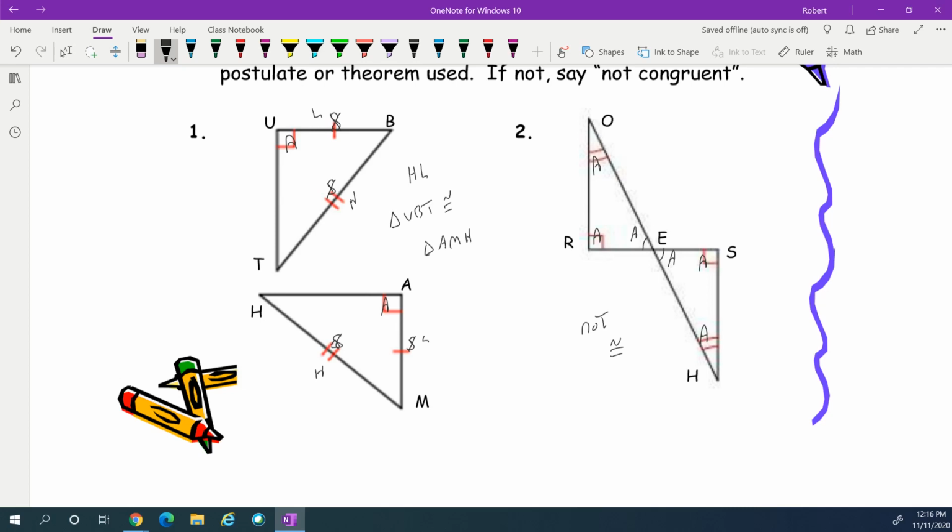We could have a really small right triangle and the other one could be big. We can't go based on what it looks like. We have to process the information and the measurements that we have. So these are not congruent. All right, we're going to stop there and do some practice with proving pairs of triangles as congruent.